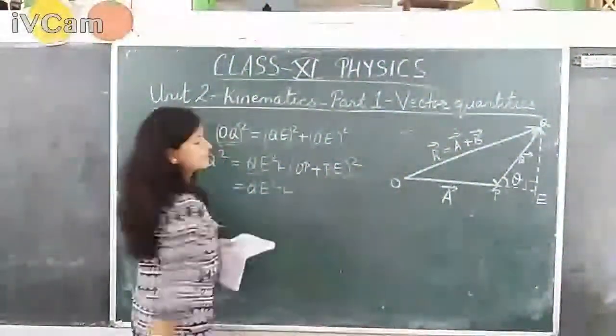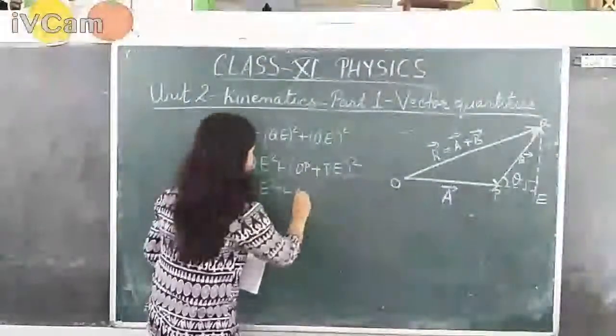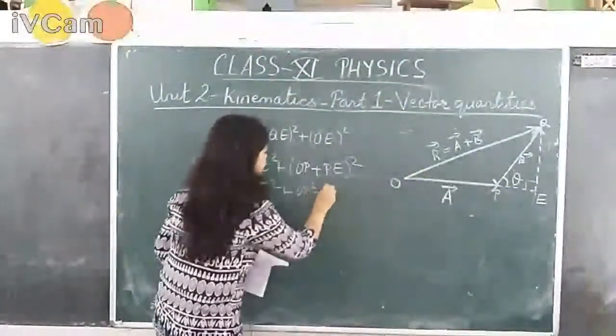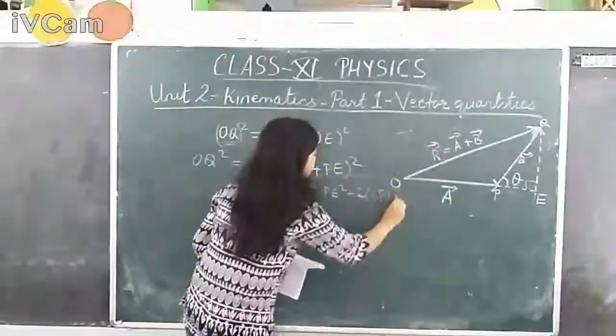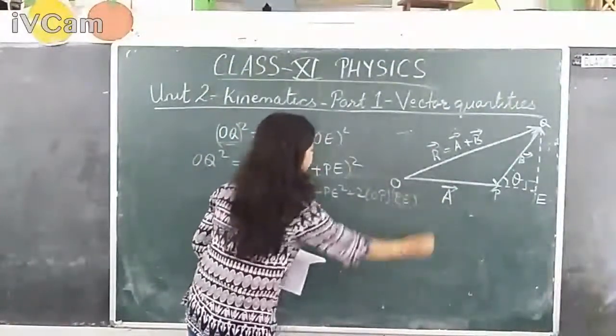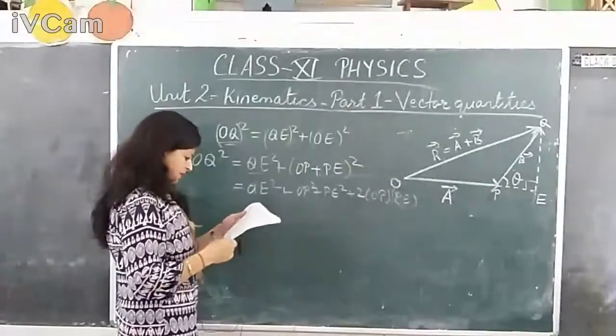I can apply the A plus B whole square formula here. So it is OP square plus PE square plus 2 into OP into PE, applying A square plus B square plus 2AB.